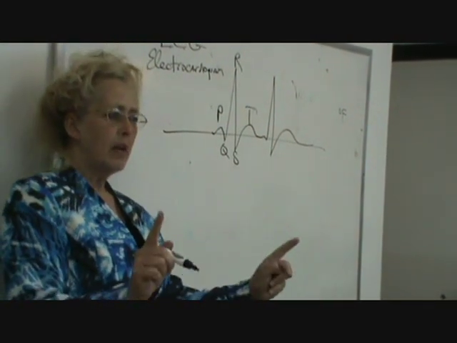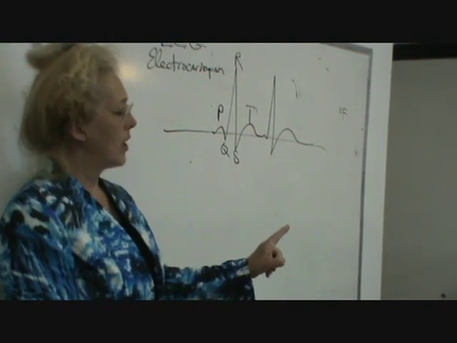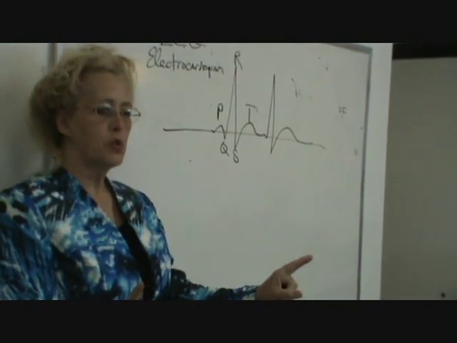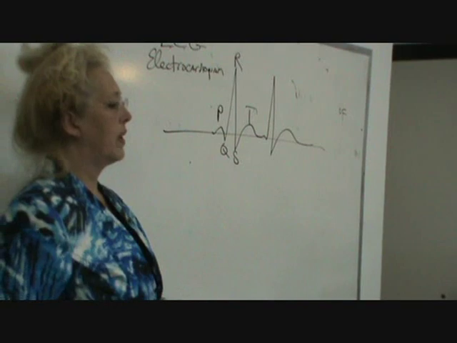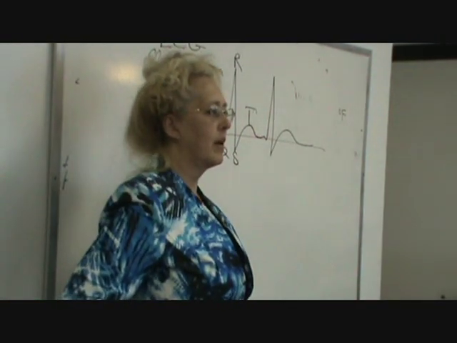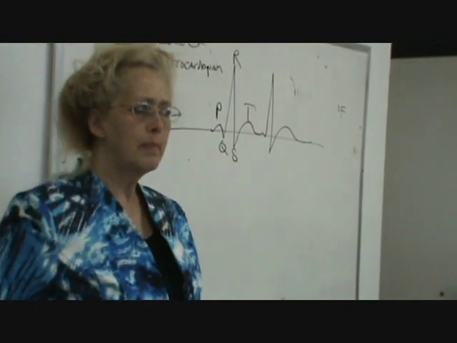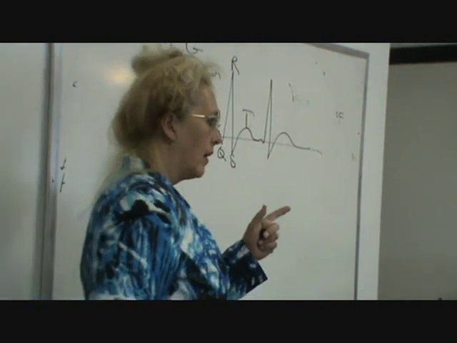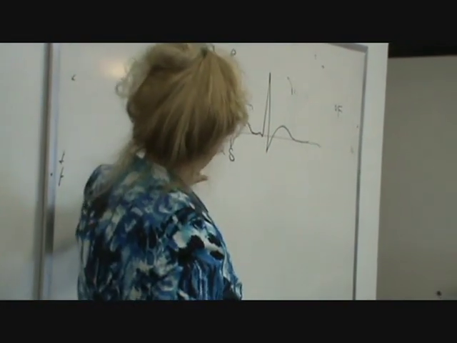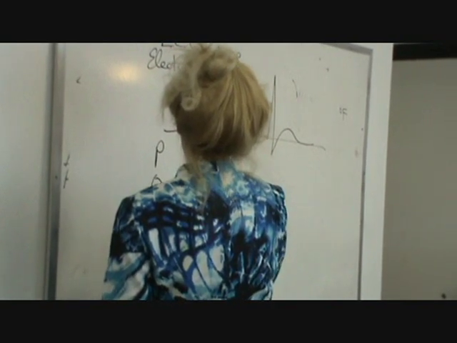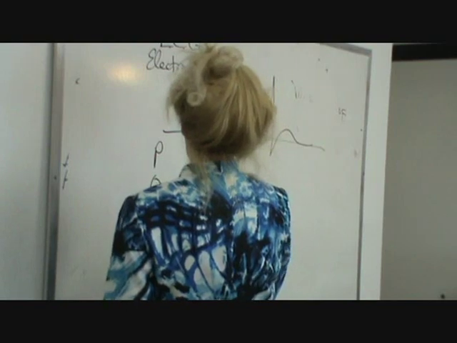Now wait a minute, waves. I talked about electrons and the Schrodinger wave equation. No, we're not going to do anything like that, but electrons and waves. In any case, we have a P wave, a Q wave, an R wave, an S and a T.